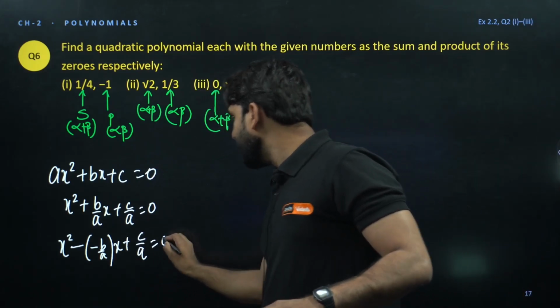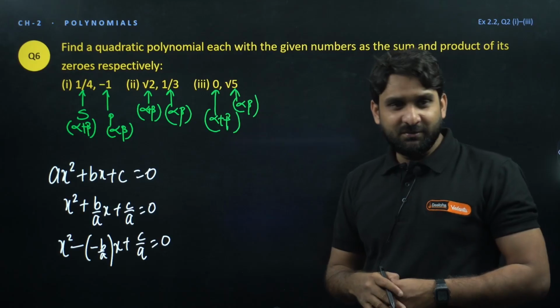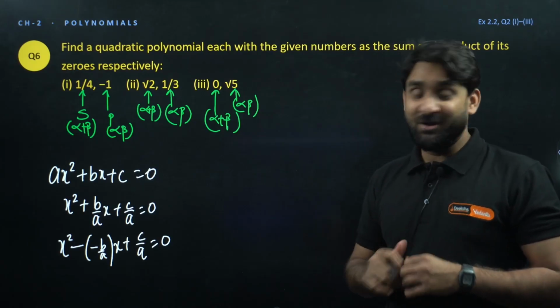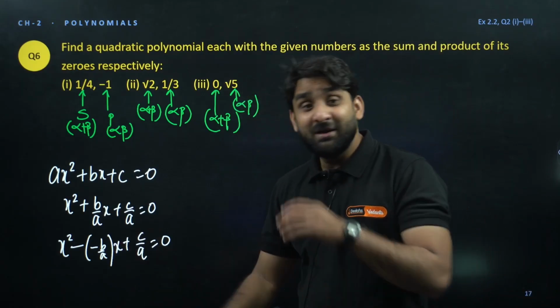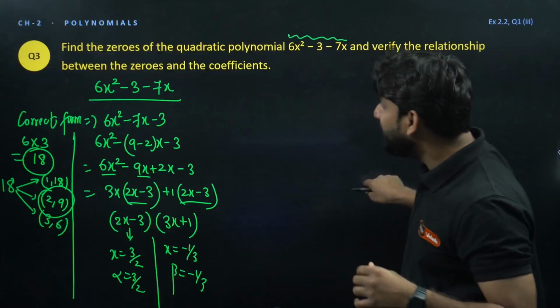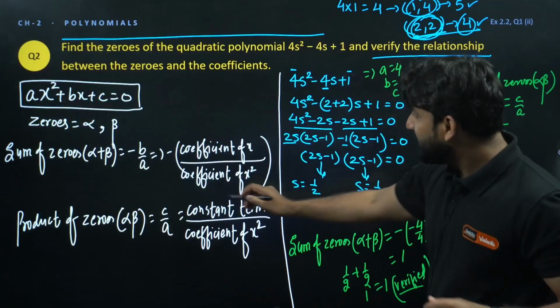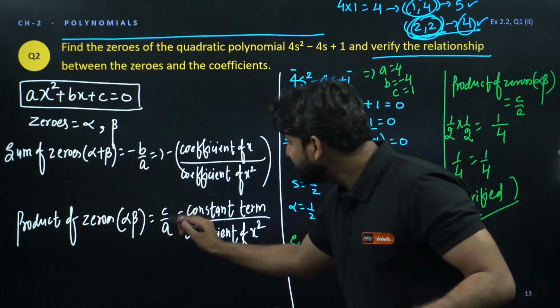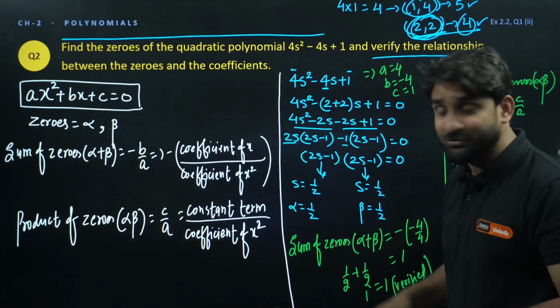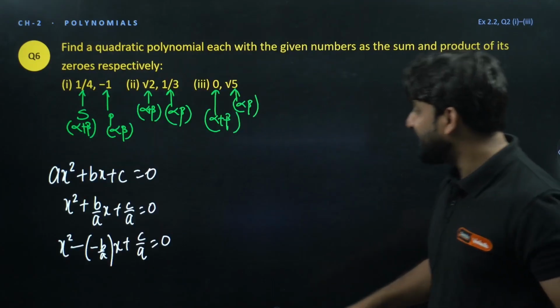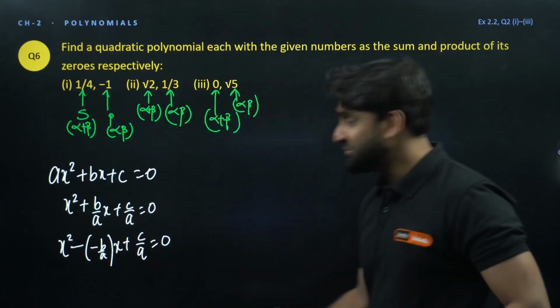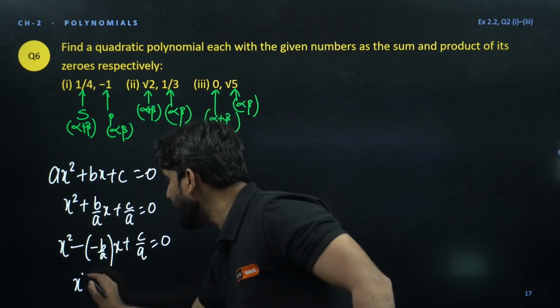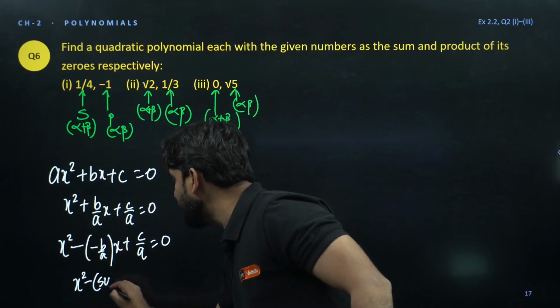So let's say we have this x square minus b by a. Now, my dear champion, do you know what is minus b by a? Minus b by a is the sum of roots, sum of zeros, and c by a is the product of zeros. So we can modify this equation as x square minus, what is this champion?